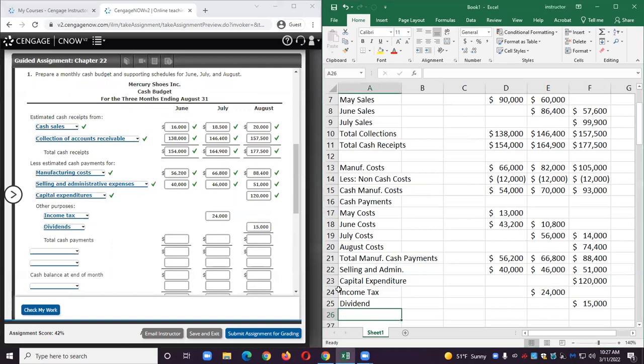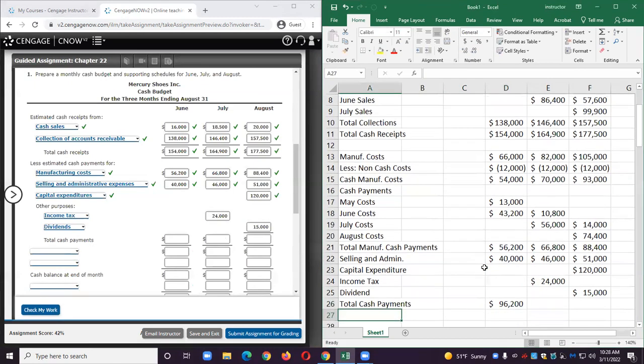All right, so now we're ready to do our total cash payment, which is just going to be the sum of everything from our total manufacturing cash payments, selling and admin, and then anything else, right? Capital expenditure, income tax, dividend.